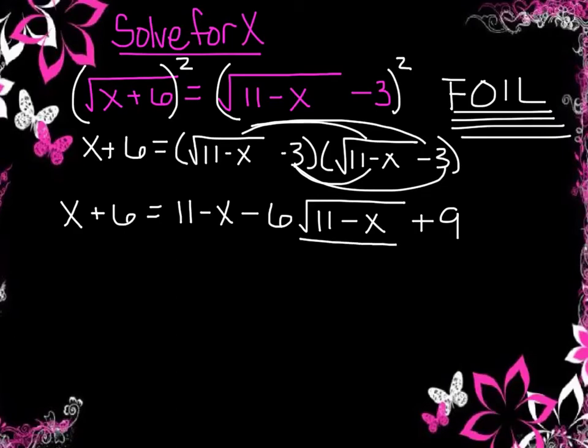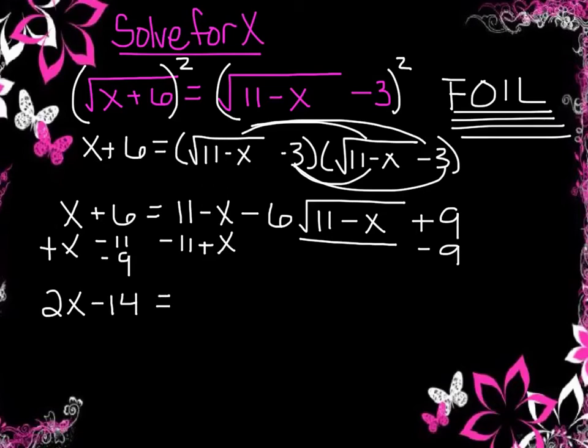So if I add x to both sides, and I'm going to take away 11 and take away 9, then x and x makes 2x. And 6 minus 11 minus 9 is -14. So I have 2x minus 14 equals -6 square root 11 minus x.